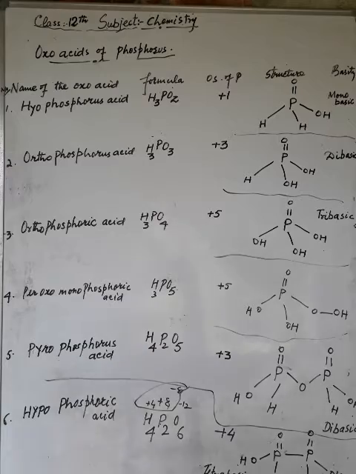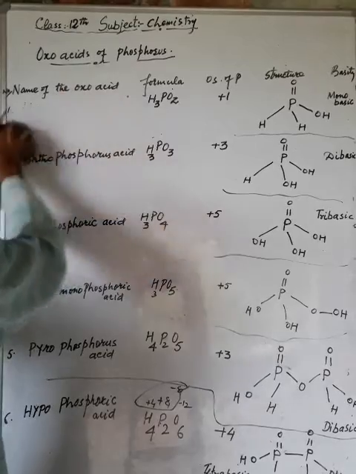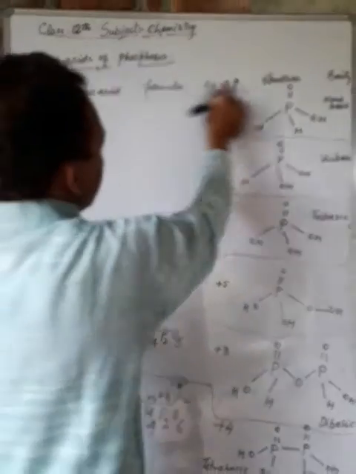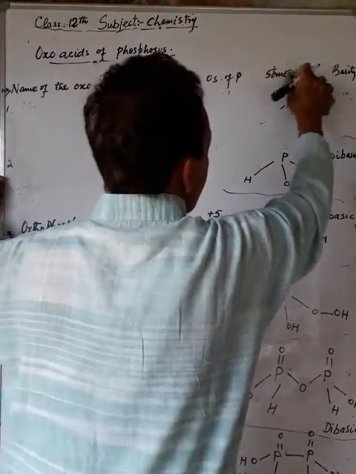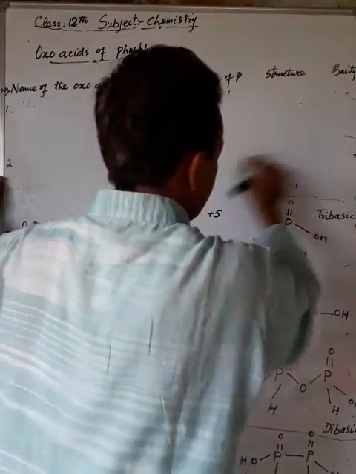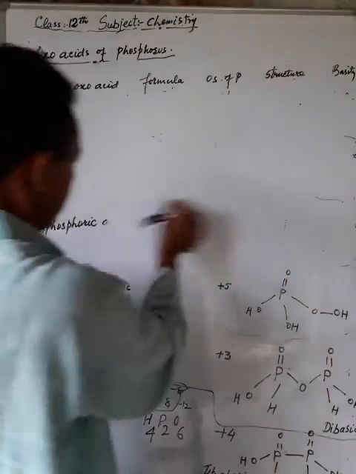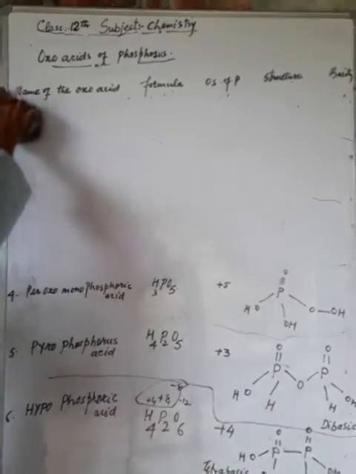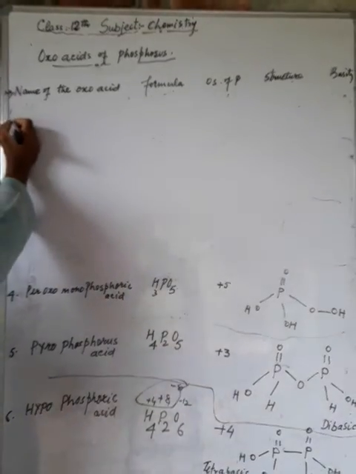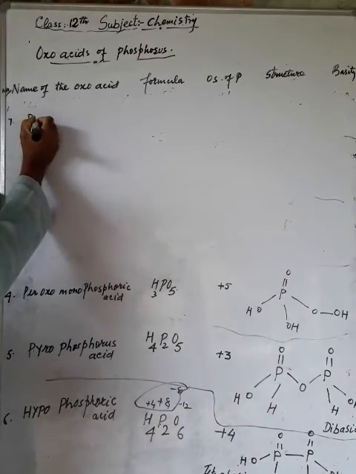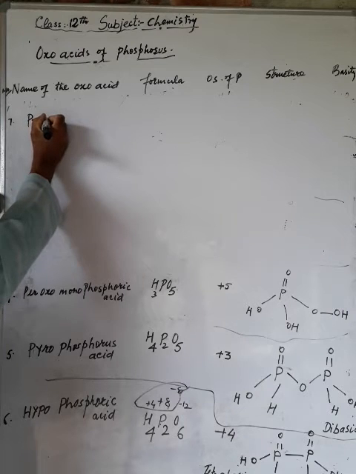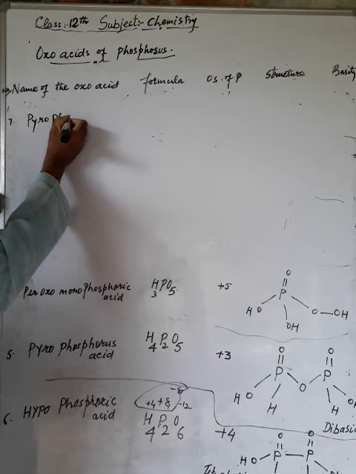Now after hypo we have pyrophosphoric acid. Number 7, pyrophosphoric acid.